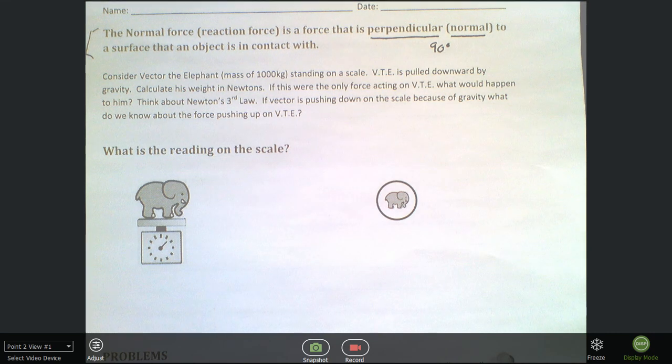If the only force acting on you was the force of gravity, mg, you would accelerate through the floor at 9.8 meters per second squared towards whatever's below you. That doesn't happen. And that's because the floor is pushing up on you with an equal force called the normal force. It's perpendicular to the surface.